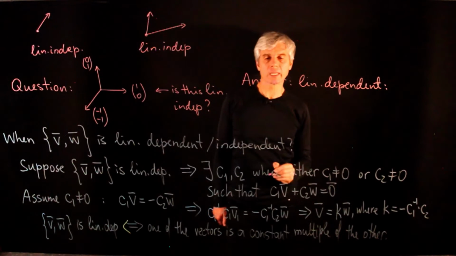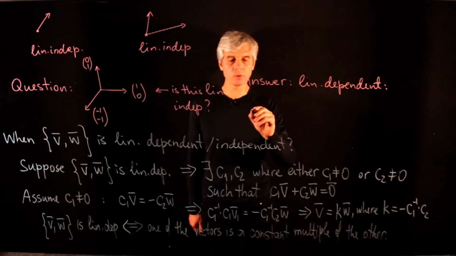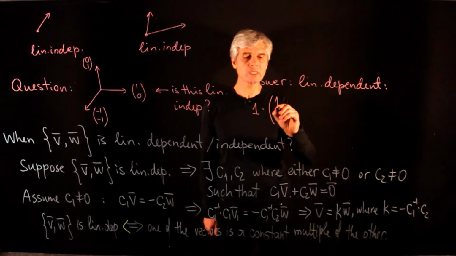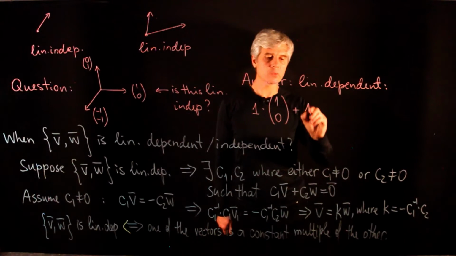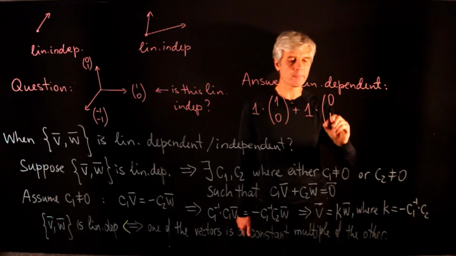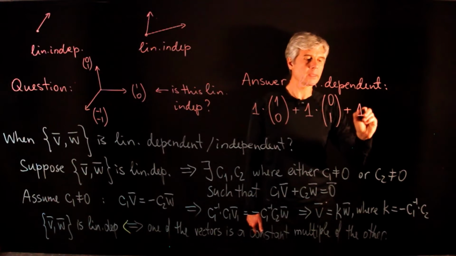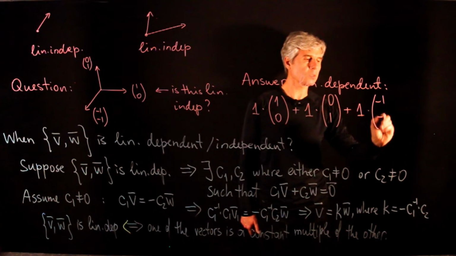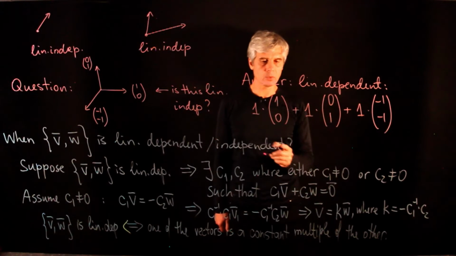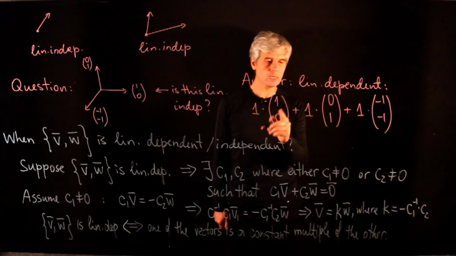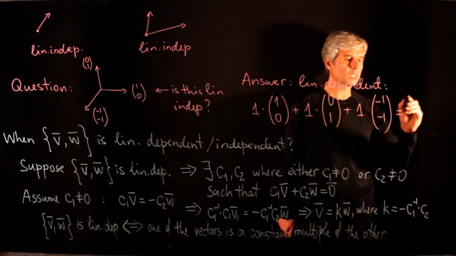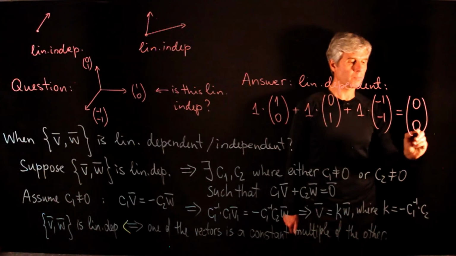And we can see this in the following way. If I take 1 times 1, 0, plus 1 times 0, 1, plus 1 times -1, -1, right? So what is it equal to? If we calculate everything, then we see that this is equal to 0, 0.